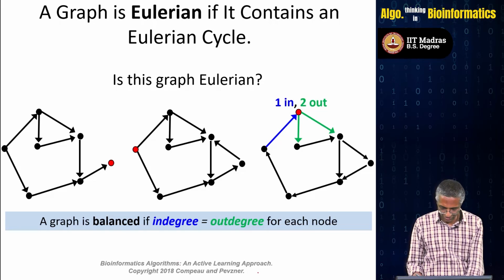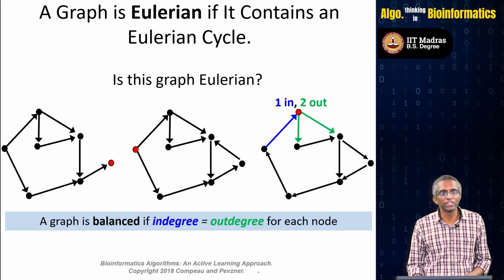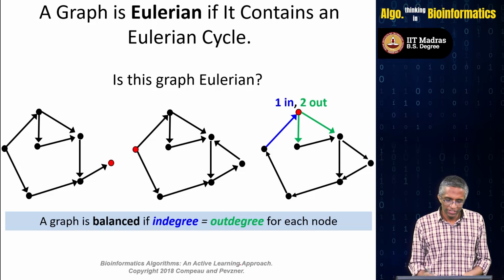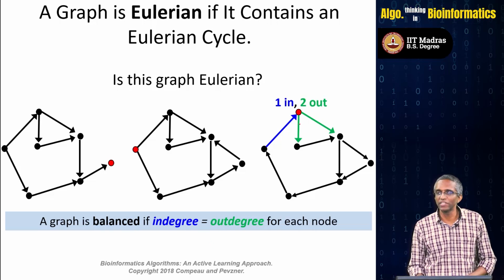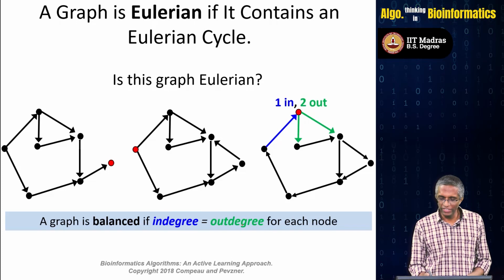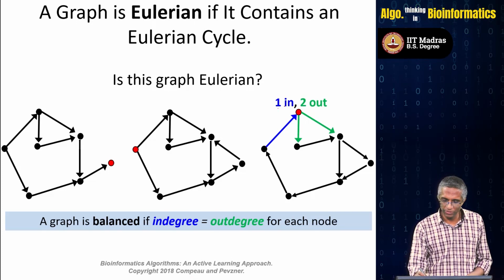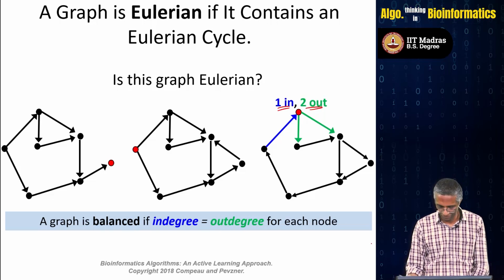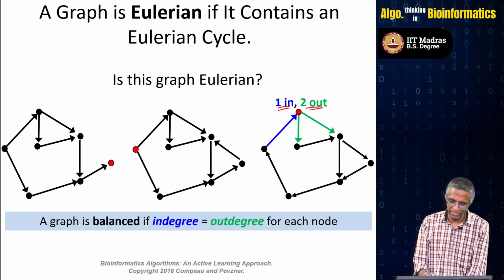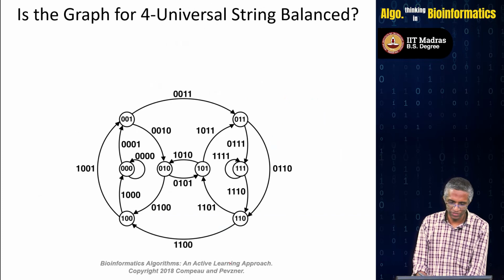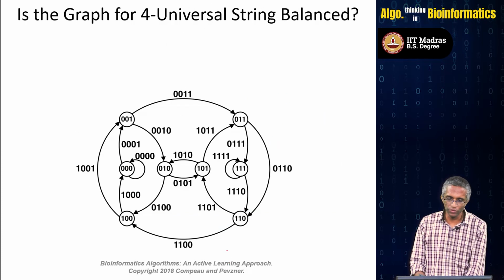When I said in the previous slide that for an undirected graph you should have even degree, in a directed graph the equivalent notion is that the number of incoming edges has to be equal to the number of outgoing edges. So for every node, you need the in degree to be equal to the out degree. Then a graph is called balanced. So this graph is not balanced because there is one incoming and two outgoing, right? But if you have the in degree equal to out degree, then it's called balanced. And here, for instance, in the 4 universal string, right?